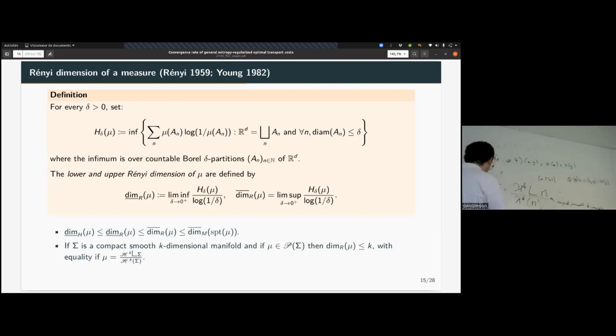In this way, you can take A_n to be almost balls, balls of radius delta at some points x_i. We do not take exactly balls, because you want a partition, so it includes some balls containing some other stuff. And so mu of the delta ball around x_i is approximately c delta to the k, k is the dimension.